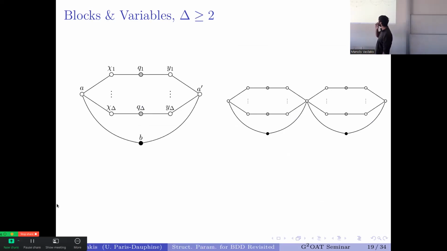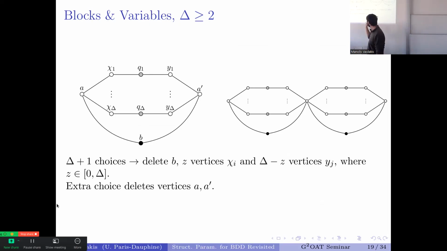So this is again a block gadget. This is used to encode delta +2 choices for a single variable. And here is how we serially connect those block gadgets. The idea is that for the delta +1 choices, we delete B and we choose a number of vertices to delete from the xi's and then the rest of them from the yi's.